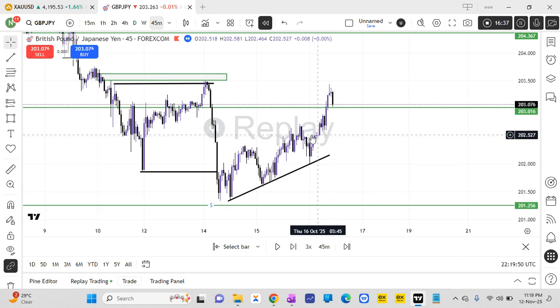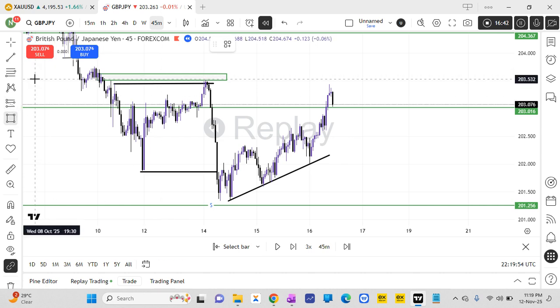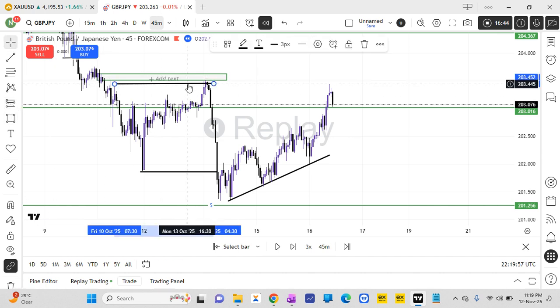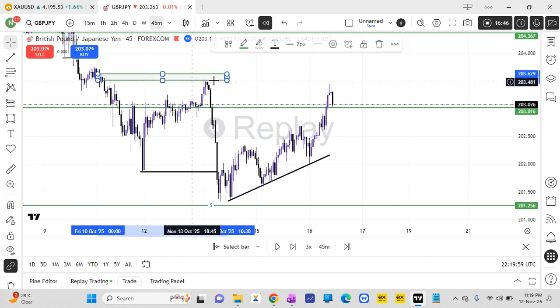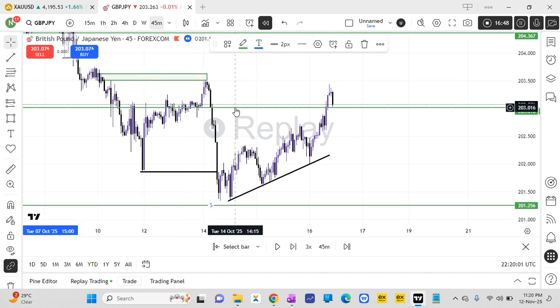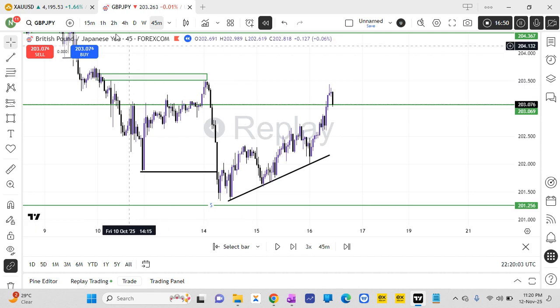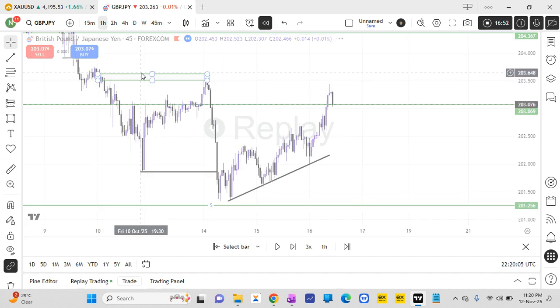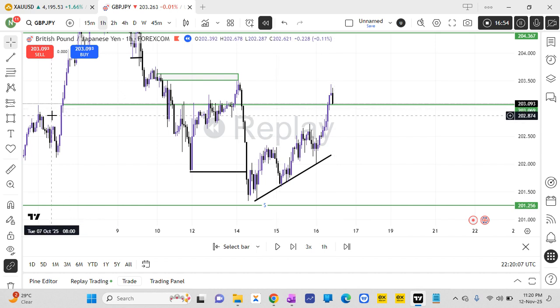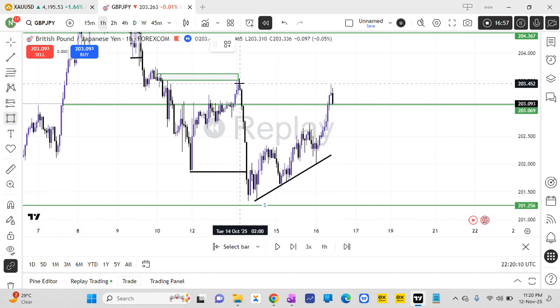So definitely market will sell. I'm looking to sell from two zones. One, this breaker. Then another one will be, in this case, the breaker was taken out as SL. Then I'll look to sell from it.